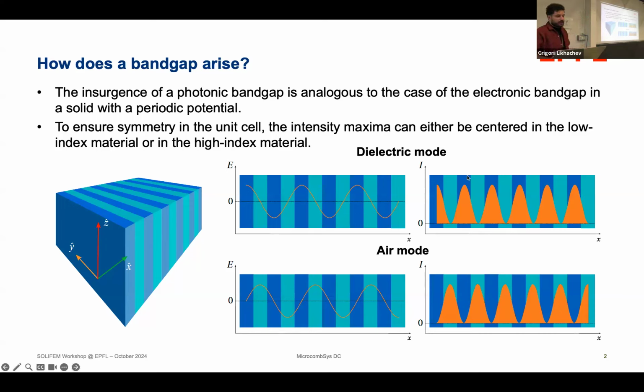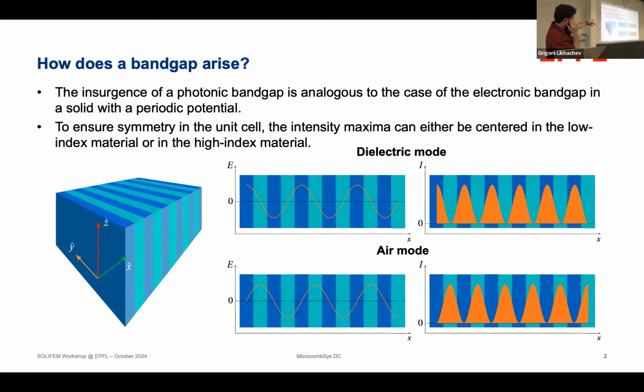You have the dielectric mode, where the electric field is going to oscillate like this. Then if you square that, you find the intensity, which has peaks in the high refractive index material. This is usually called the dielectric mode, because the dielectric usually has a high refractive index. So that would be your silicon nitride, or in this talk later we'll see gallium phosphide or III-V materials.